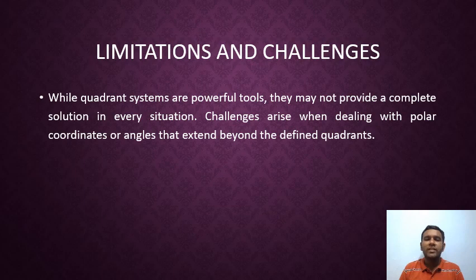Challenges arise when dealing with polar coordinates or angles that extend beyond the defined quadrants, like angles above 360 degrees. They get stuck with these quadrant systems. This is a limitation of the quadrant system and a challenge which has some scope for improvement in the future.